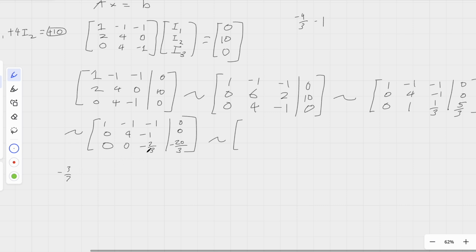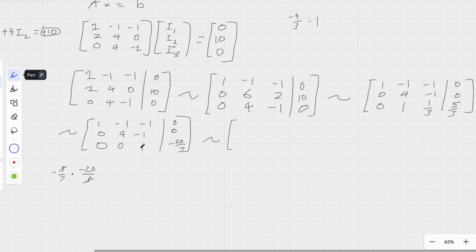So this time -3/7 is 1, and this time -3/7, 20. It would be 20/7. So you would get 1 and -20/7. Yeah, so then we just add row 3 to row 1 and row 2.